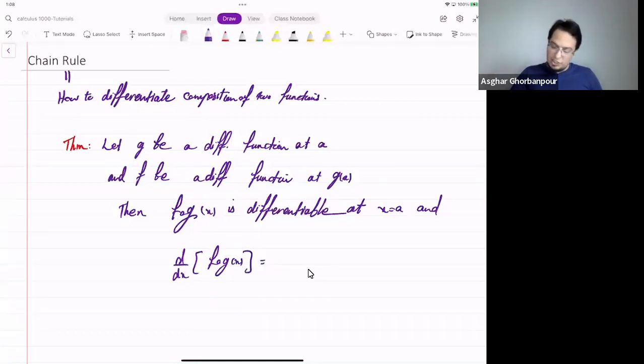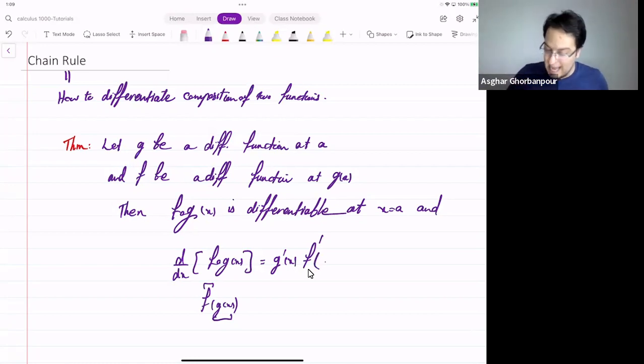You differentiate the inner function, you see, I can write it as this. First I differentiate the inner function, then multiply it by the derivative of the outer function, but you have to evaluate that derivative not at x, but at g(x).